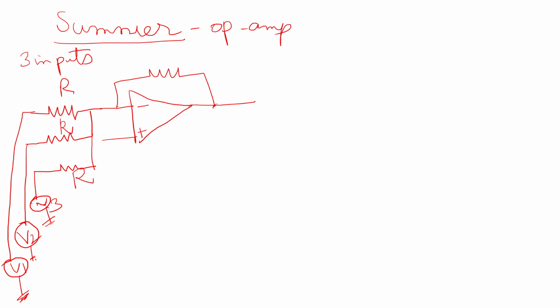These will generate some input currents, I1, I2 and I3 passing through the respective resistors. The other terminal, that is the non-inverting terminal, is grounded.